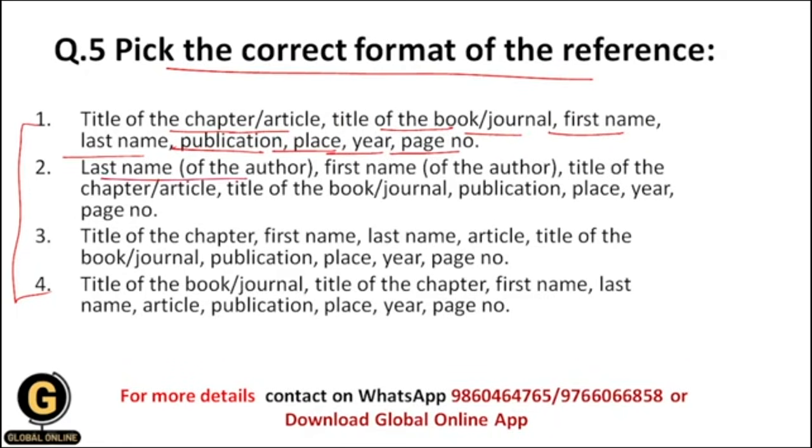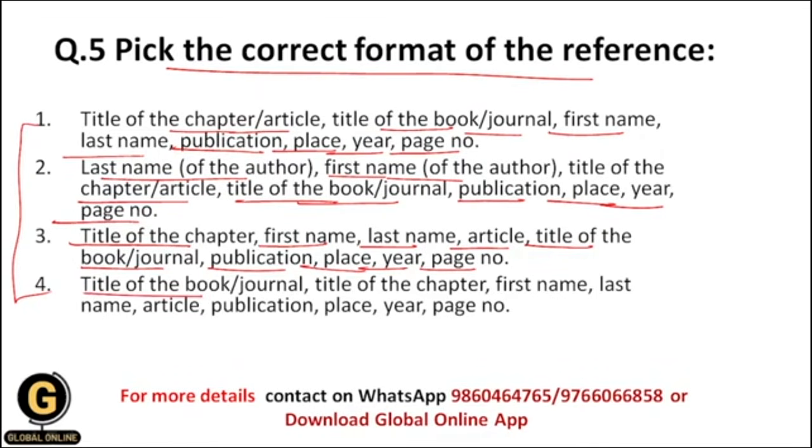Last name of the author, first name of the author, title of the chapter or article, then title of the book or journal, then publication, then place, then year, then page number. Title of the chapter, first name, last name, article, title of the book or journal, then publication, then place, then year, then page number. Title of the book or journal, then title of the chapter, then first name, then last name, then article, then publication, then place, then year, and then page number.